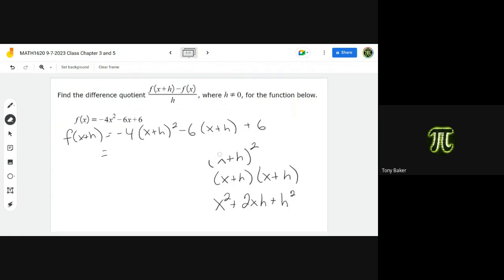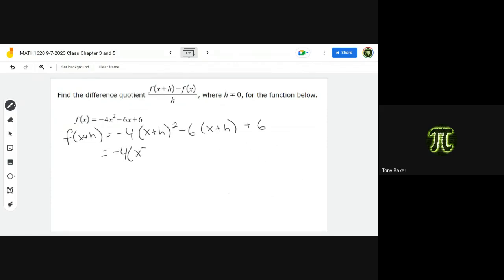All right, so I'm going to erase this because I need the room. So I've got negative 4 times x squared plus 2xh plus h squared, minus 6 times x plus h, plus 6. So now I'm going to distribute: negative 4x squared minus 8xh minus 4h squared minus 6x minus 6h plus 6.